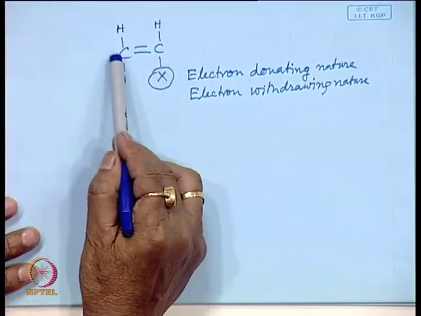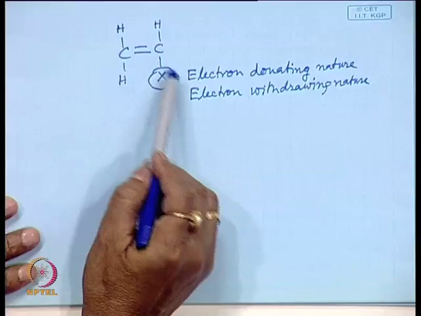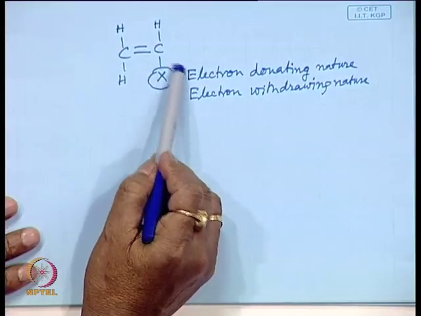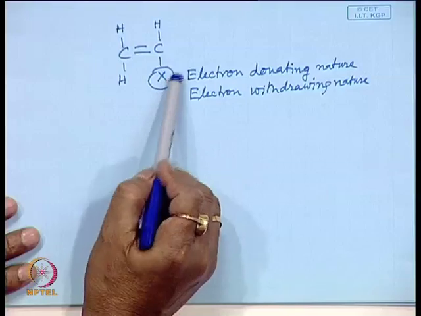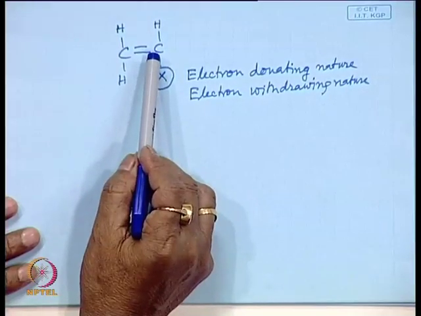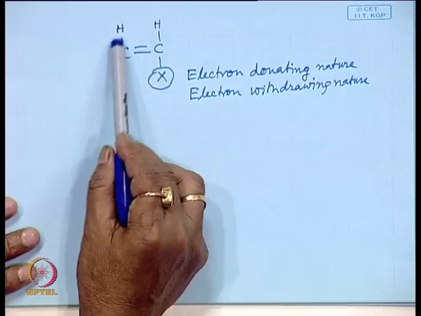What kind of monomer should you take? For that reason, if it is an addition chain polymer, you think of a substituent which is electron rich, which can donate electron to this system.